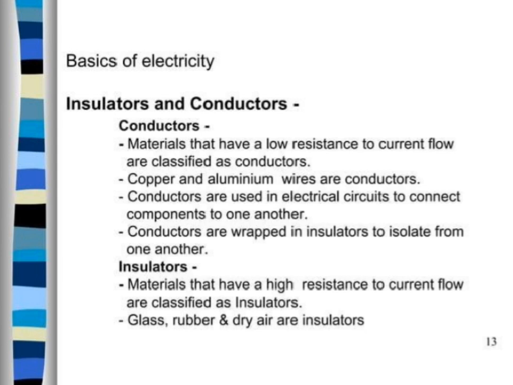So in electricity, the conductor and insulator are the two types of materials that play a crucial role in the flow of electric current. So ang conductor, mao na siya ang material that allows electric current to flow through it with minimal resistance.